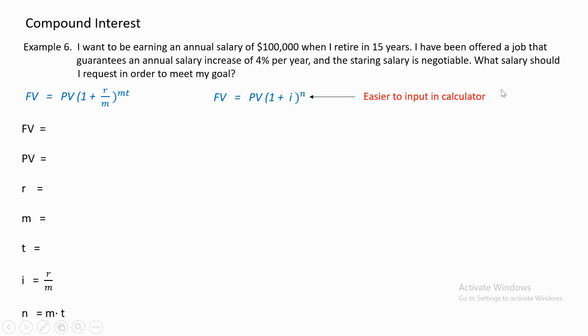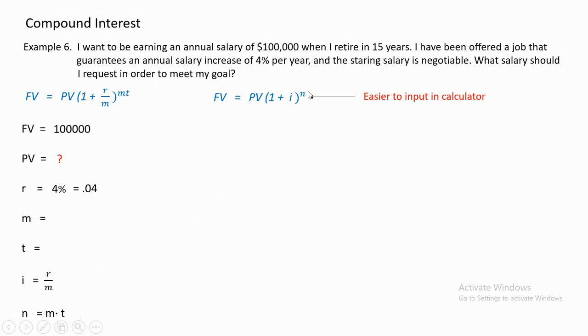Request when? Request it right now. So the first sentence is the key that this is your future value, and we're looking for the present value. Again, we plug everything in. The interest rate will be 4%. As a decimal, it will be 0.04.